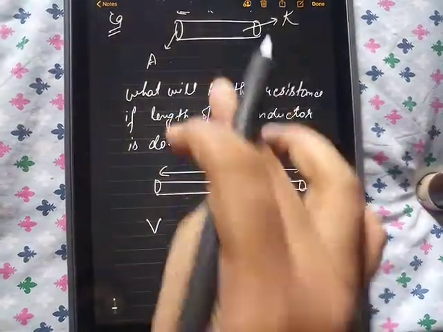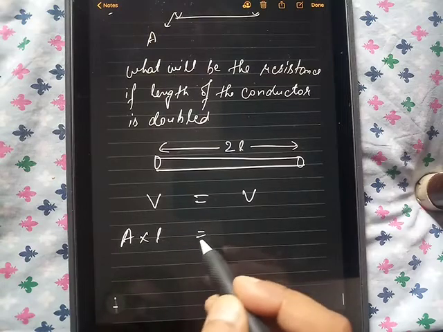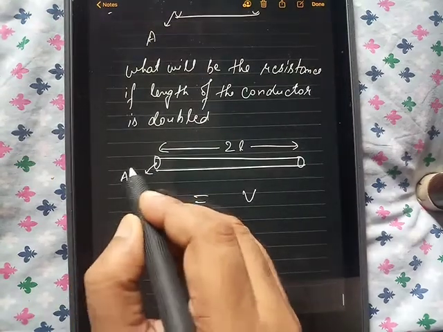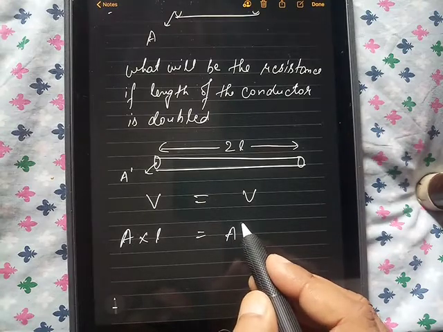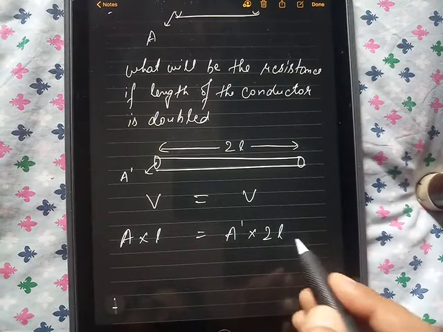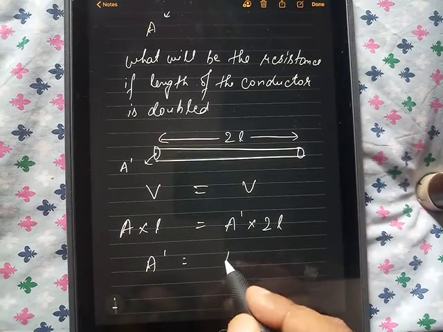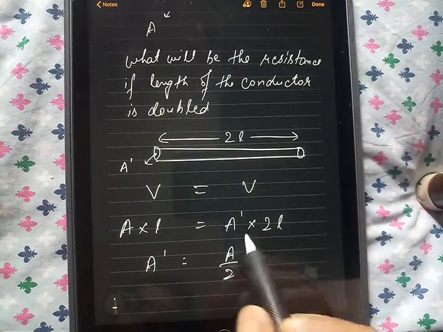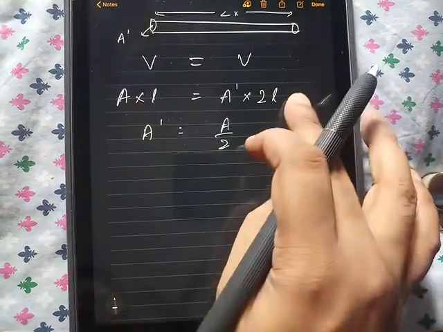In the previous one, the volume will be area into length, AL, and in the new one, let the new area of cross section be A dash. So new volume will be A dash into 2L, or A dash equals A by 2. So when length is doubled, the area of cross section becomes halved.